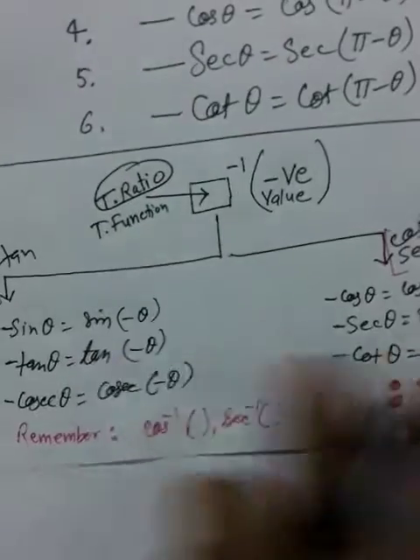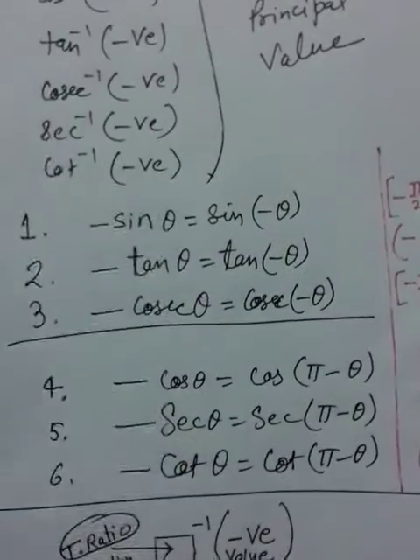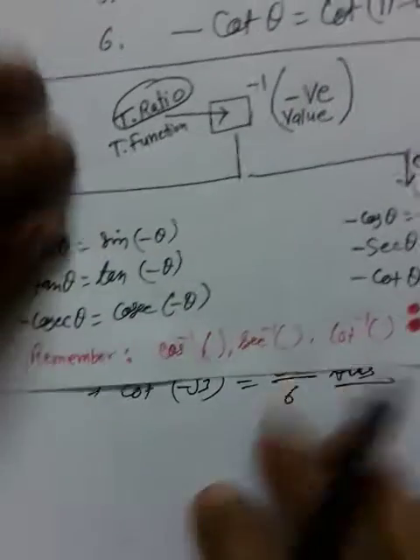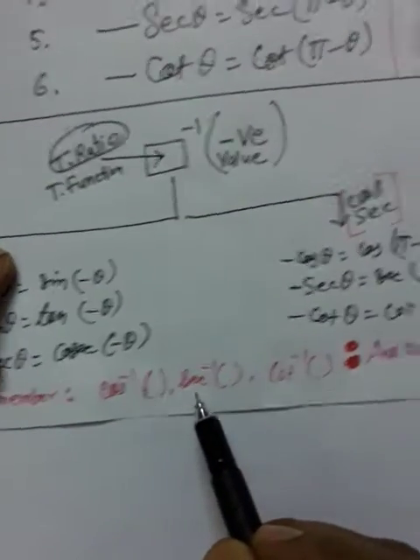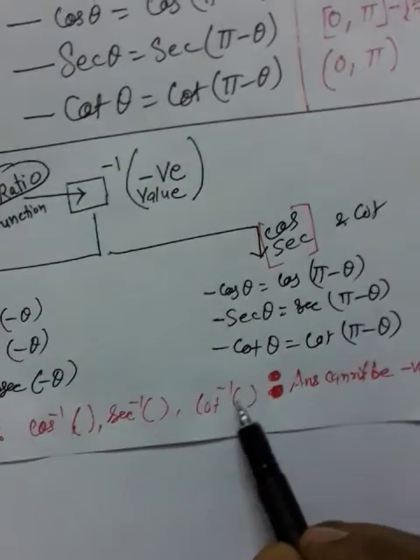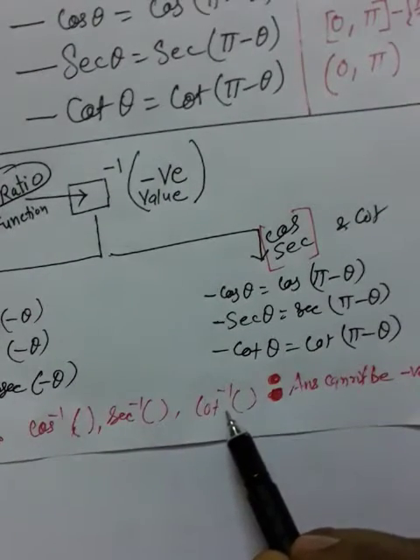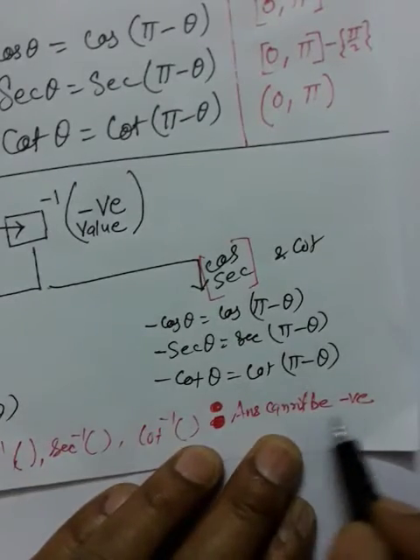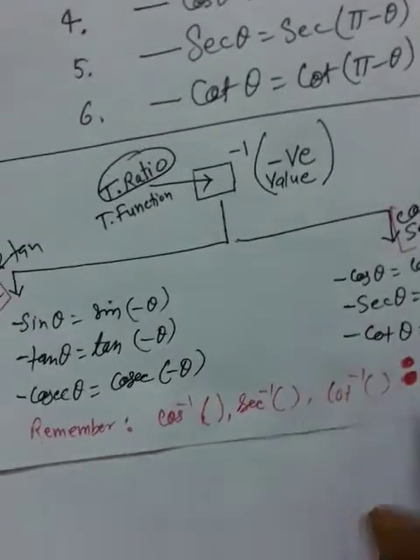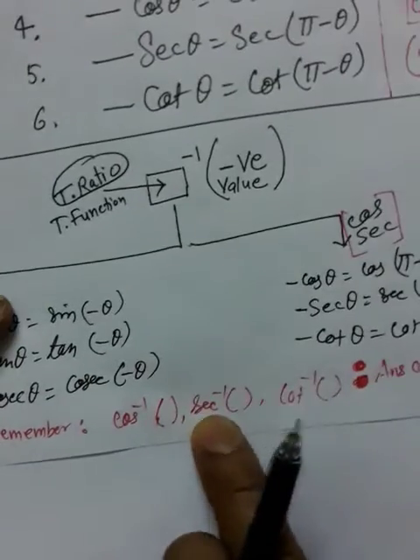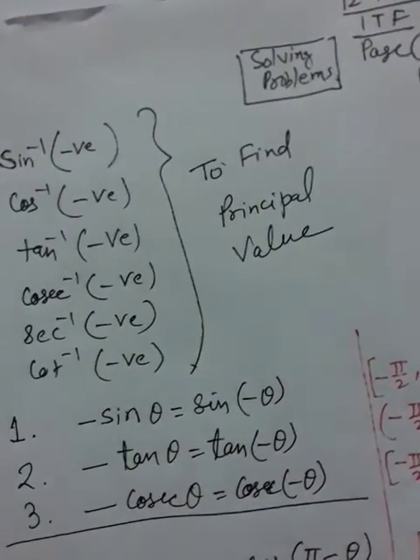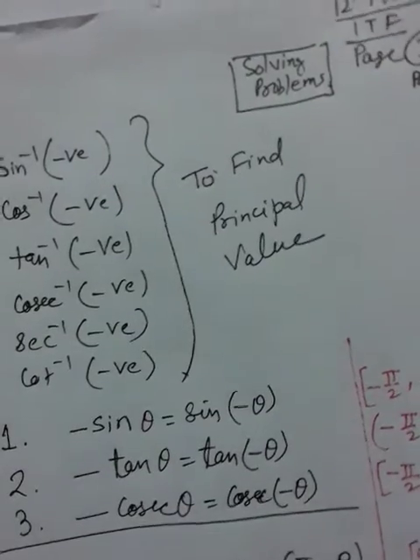The same thing I have made here in two branches and here in a column. You have to write like this. And remember one thing: for cos inverse, sec inverse and cot inverse, the principal value cannot be negative. The answer is never negative.